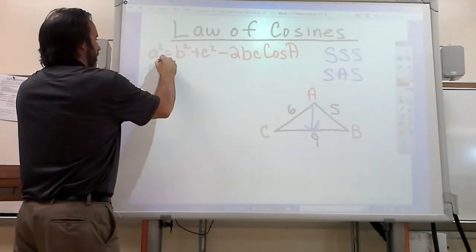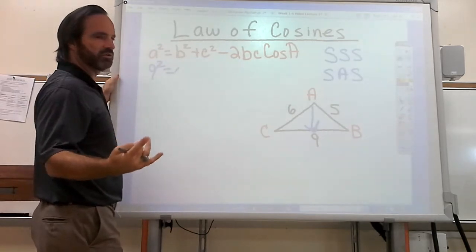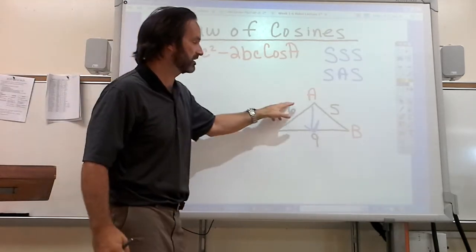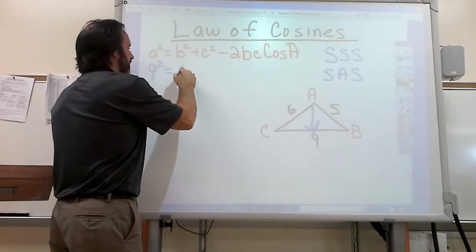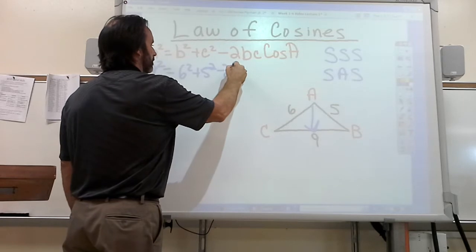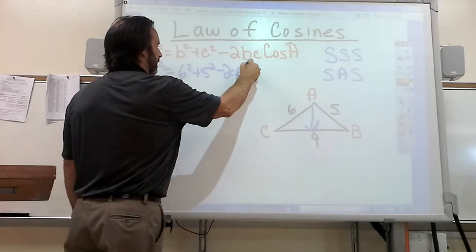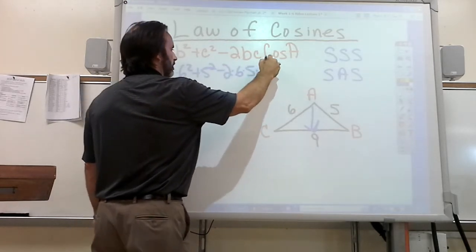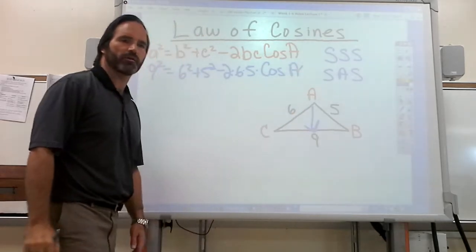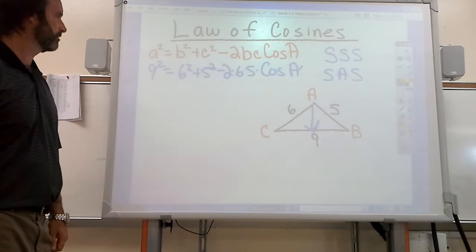So 9 squared equals, what are the remaining two sides? I don't care if they're B or C, they're just the remaining two sides, right? And that's going to be 6 and 5. 6 squared plus 5 squared minus 2 times 6 times 5 times cosine of A or theta, whatever you want to call it, okay? All right?